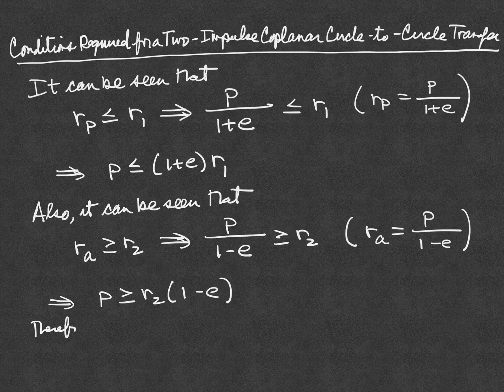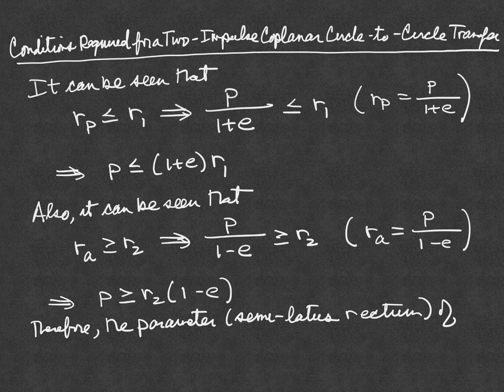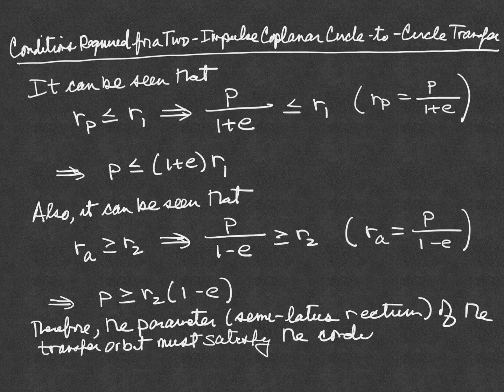So therefore, the parameter, also the semilatus rectum, of the transfer orbit must satisfy the condition that p has to lie between r2 times 1 minus e and r1 times 1 plus e.